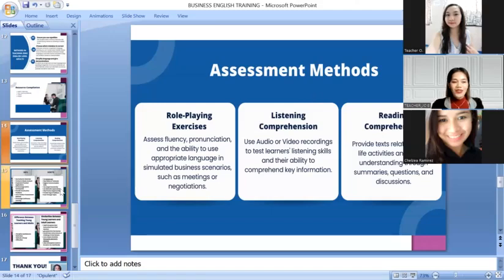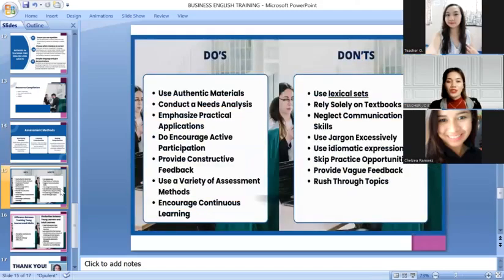Now let's proceed to the things that we should do and should not. Here, use authentic materials. Teachers, let's avoid using materials that are copied from other companies, or materials that we just get anywhere. Amaya provided us learning materials, so as much as we can, let's use them.